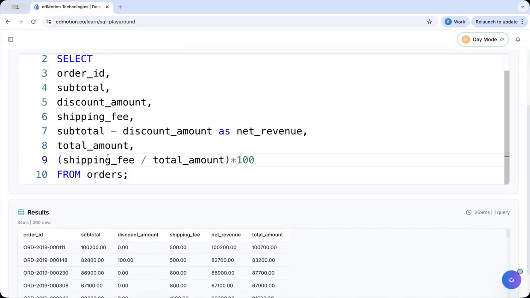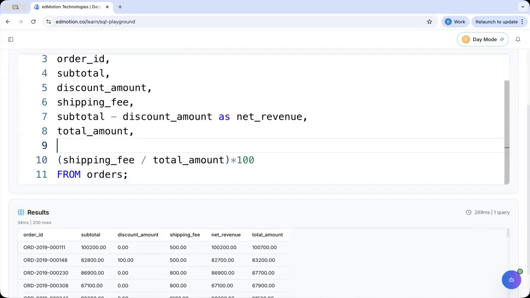Okay. And recall what we are going to get if we do that. We'll have a lot of values after the decimal point. So we need to round this. Okay. So I would just include my round function. Okay.